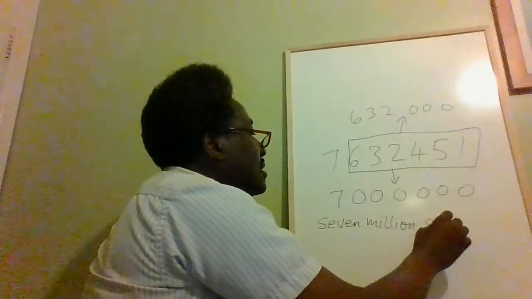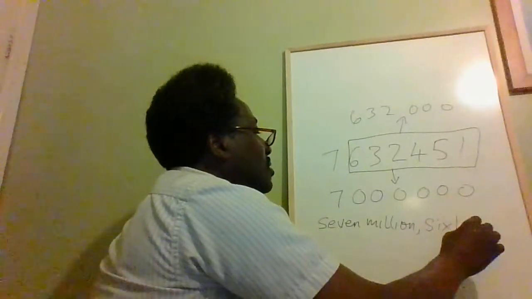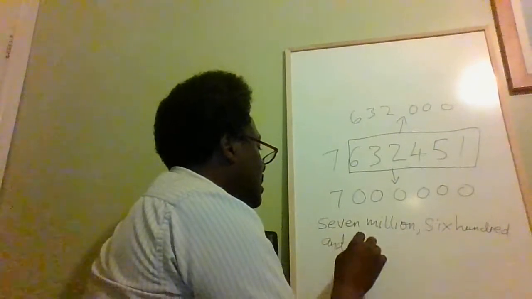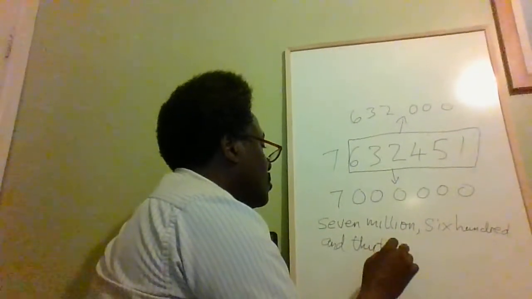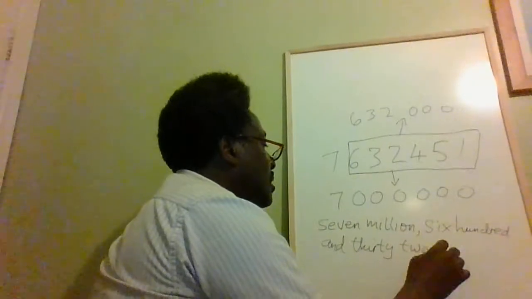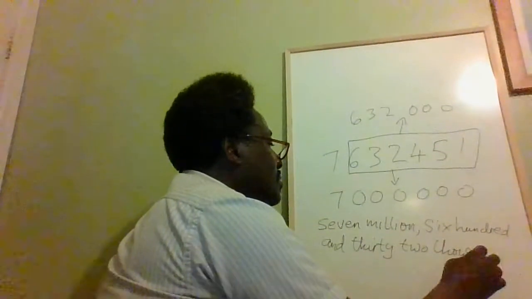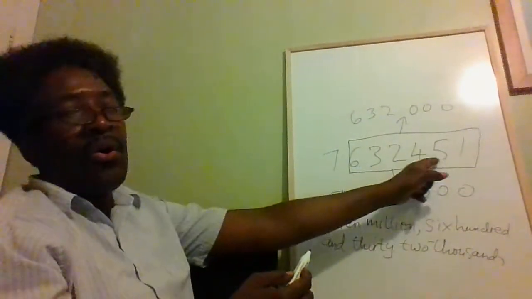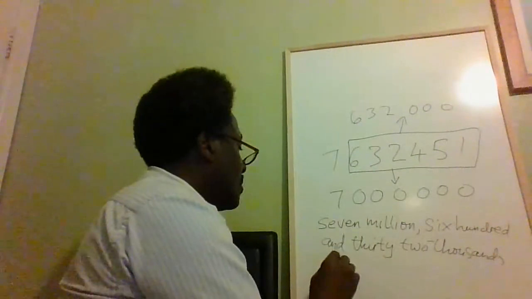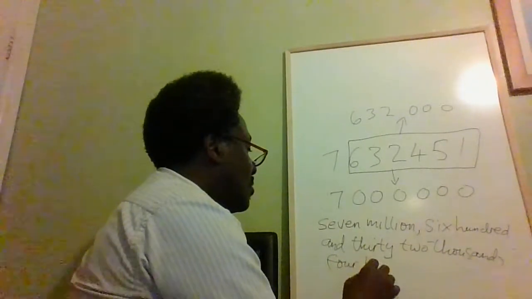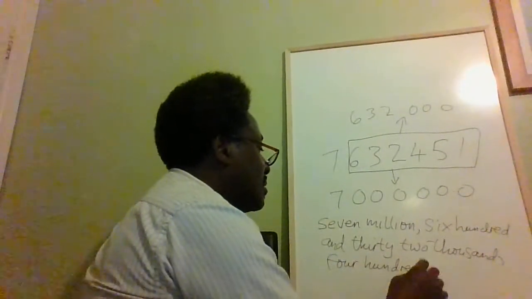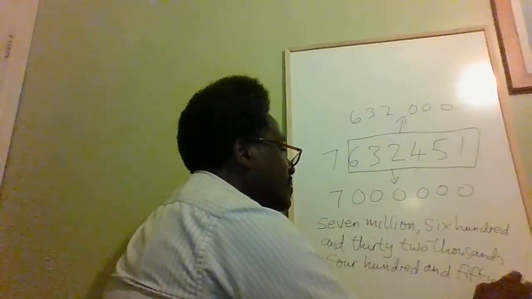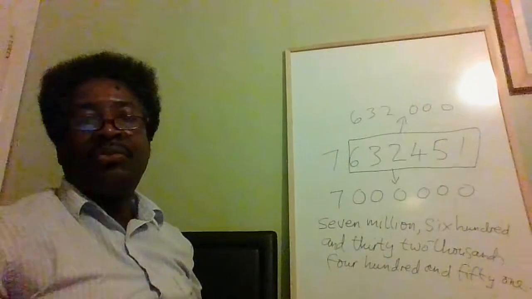So you see 7 million, 632,000, comma again, 451. And there we have it.